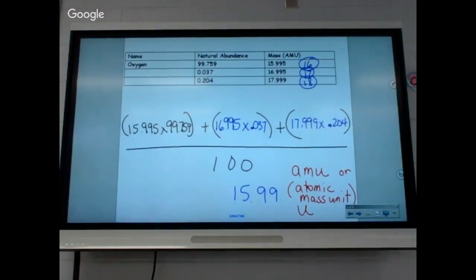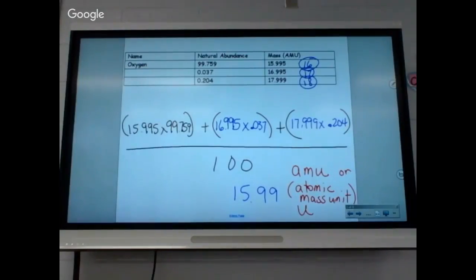So, any questions about how to do average atomic mass? Everybody feel fairly proficient with that formula? Typically, though, it's usually going to be in a set of ordered pairs if it's not in a chart. So the percentage is always going to be given with the mass. It's not going to be in some weird separation where you're not going to be able to figure out what the percent is with the mass. The percent will be on the end of the number if it's not in a table.